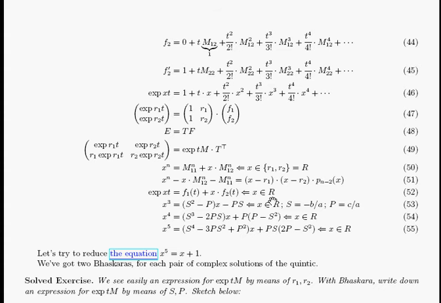But the two roots R1 and R2 are particular cases. And for instance, x3, x4, and x5.